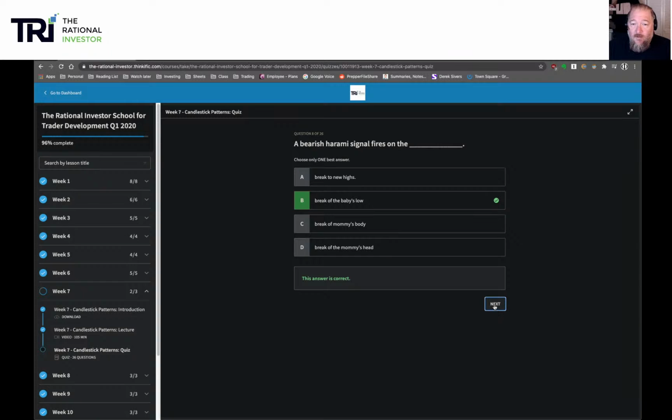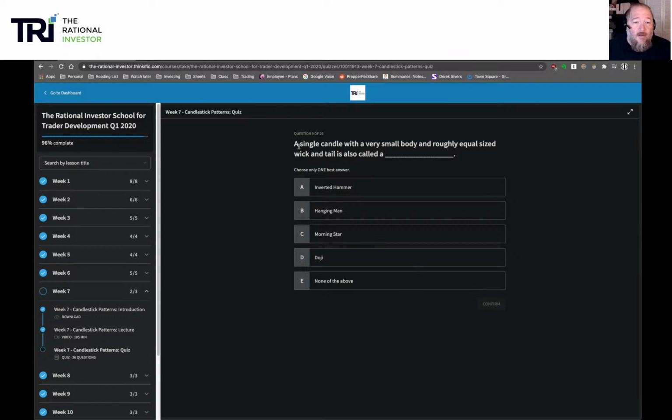So we have a large candle, and then we have a smaller candle whose entire range is encompassed within the body of this first candle. That's the baby. And for a bearish candle, this is green, and this one is red. I hope this is looking left to right to you guys. I'm not sure if it is. And then the break of that smaller candle's low is the bearish signal.